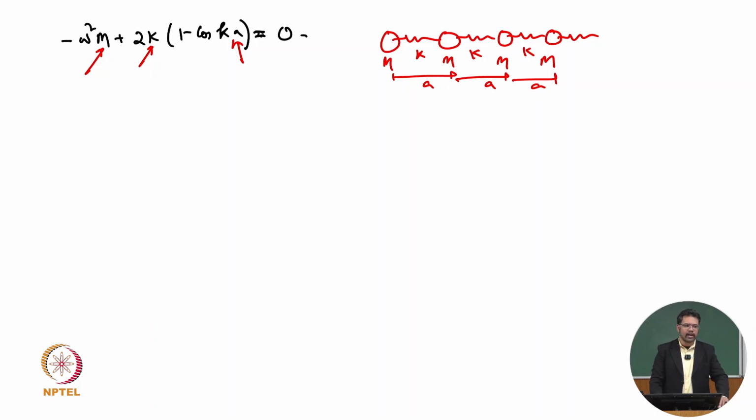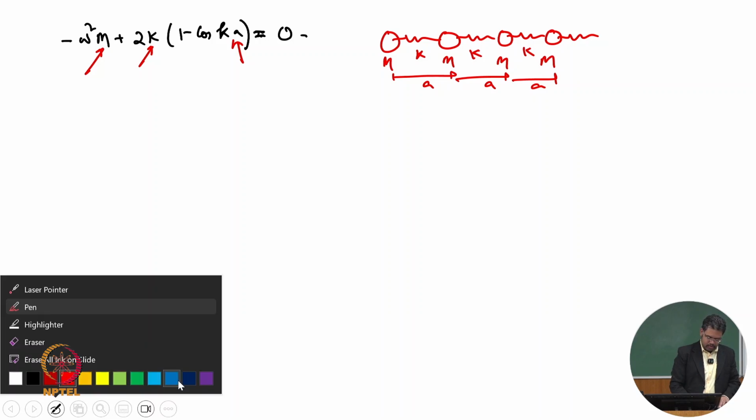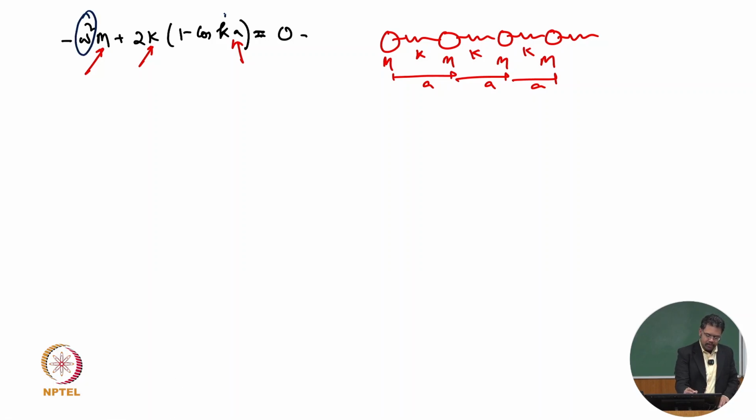So what are the two things left? That is omega and kappa. So what is omega and what is kappa? That is the temporal frequency and spatial frequency. So it is telling that within some medium, a wave cannot just exist.